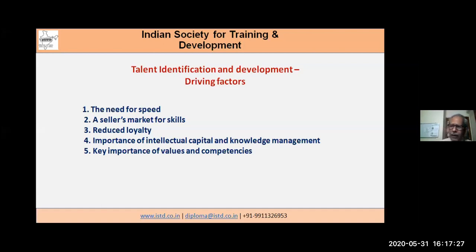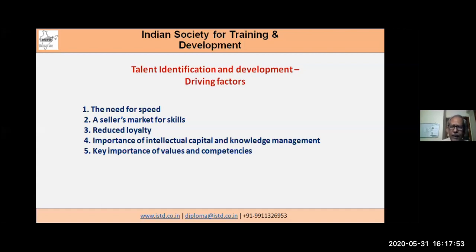We cannot think that the requirement will come and then we'll start searching for or developing people. No. So there is a need for speed. And when there is a need for speed, an identification and development program should always be ready so that wherever required, whenever required, we can get people in the organization.